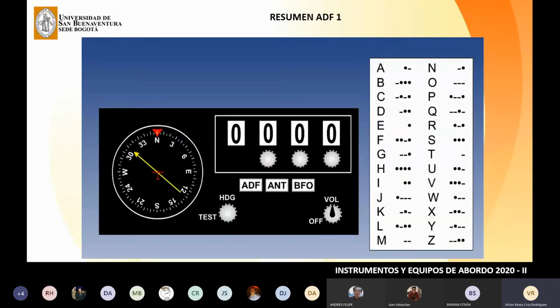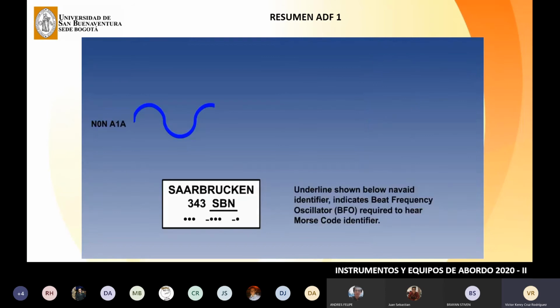Aviation charts contain the Morse alphabet. Pressing the antenna button deactivates the loop antenna, and the audibility of the A2A identifier should improve, but the bearing information must obviously be disregarded. In some NDBs, the amplitude of the carrier wave remains constant, and therefore it is impossible to achieve an audible output from the receiver.